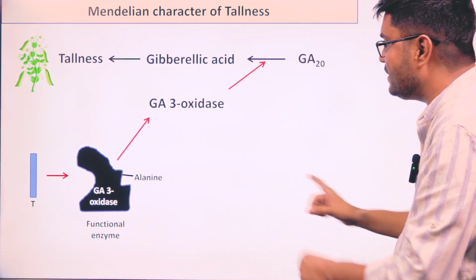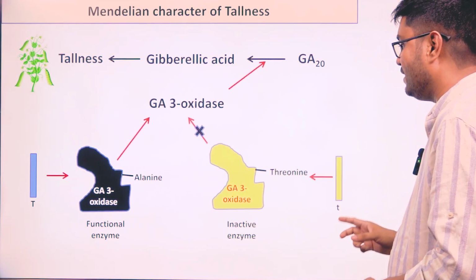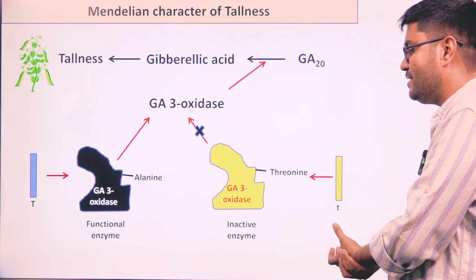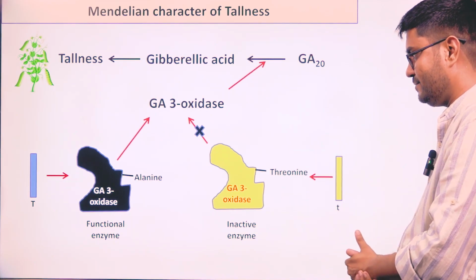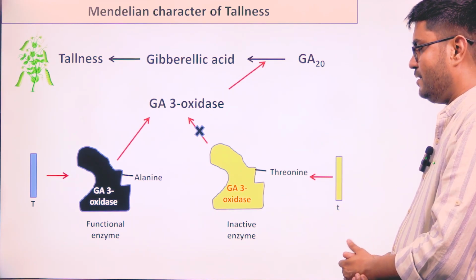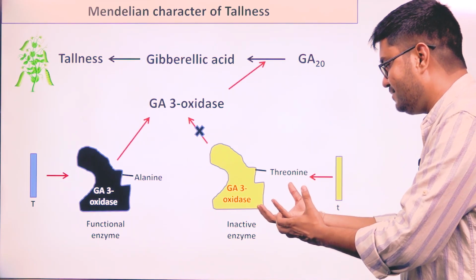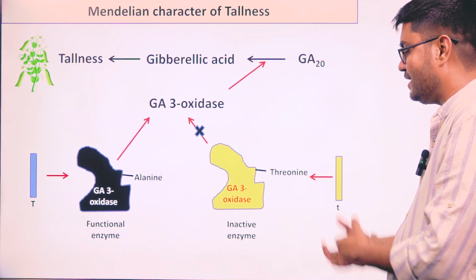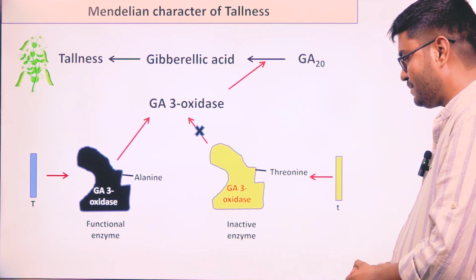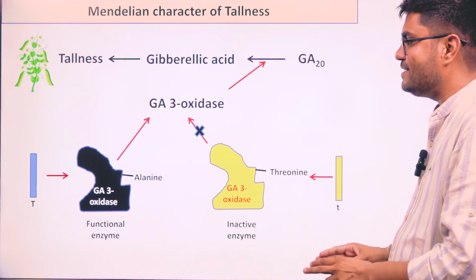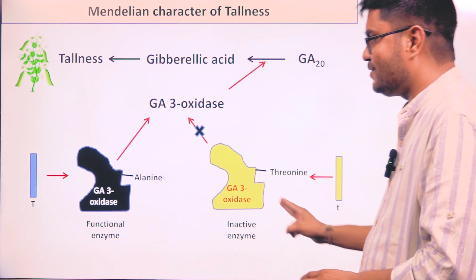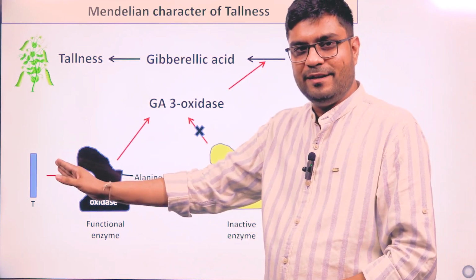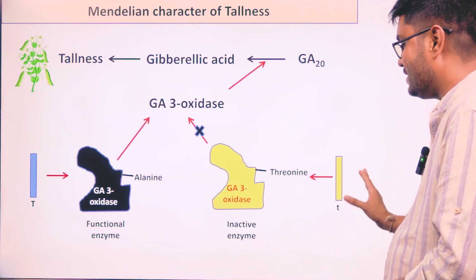And if I compare that dominant allele with a recessive allele, or a DNA copy which is not able to make the functional GA3 oxidase, or is making an inactive enzyme, what difference is there between these two proteins coded by the dominant allele or recessive allele?